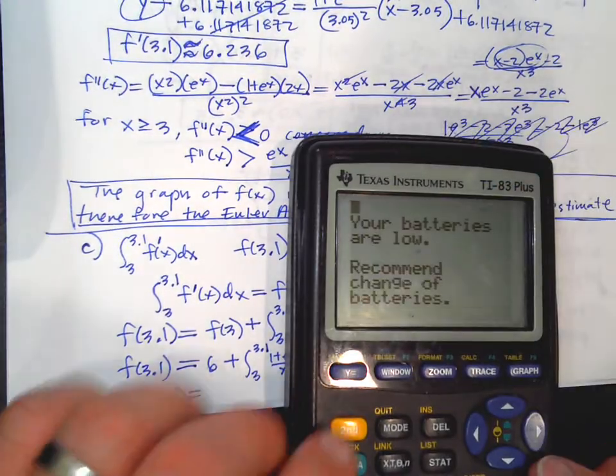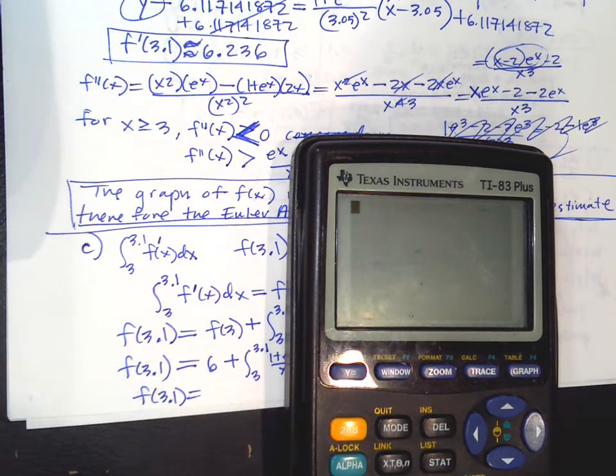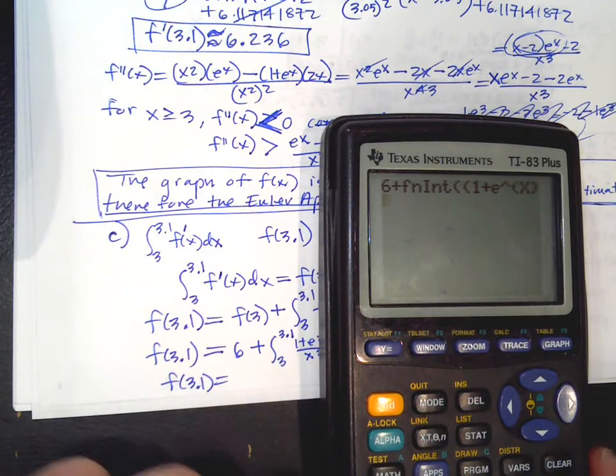So on our calculator, I'm going to do 6 plus math 9. And I'm going to do parentheses 1 plus e to the x, close parentheses, divided by parentheses x squared, close parentheses, comma x, comma 3, comma 3.1, enter.